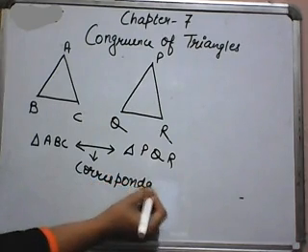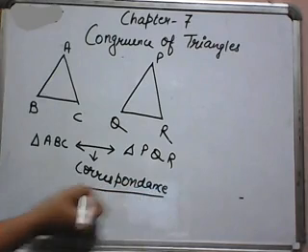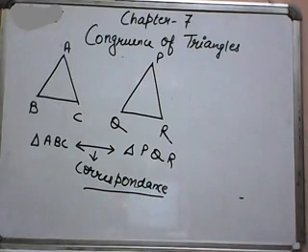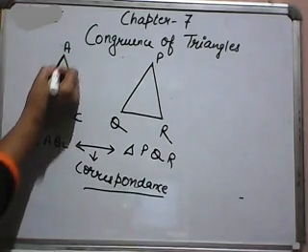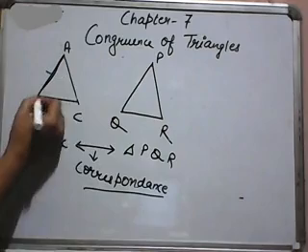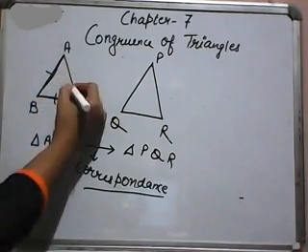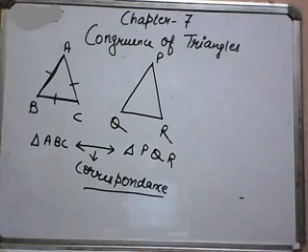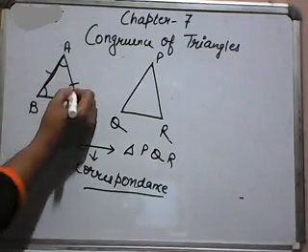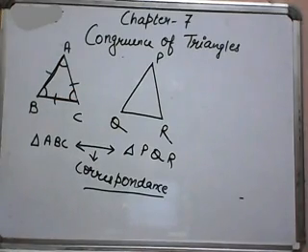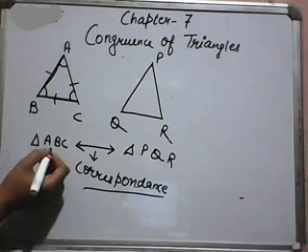Correspondence. What do you mean by correspondence? Triangle ABC has three parts: three sides AB, side BC and side AC, and three angles, angle A, angle B and angle C. First we discuss angles.